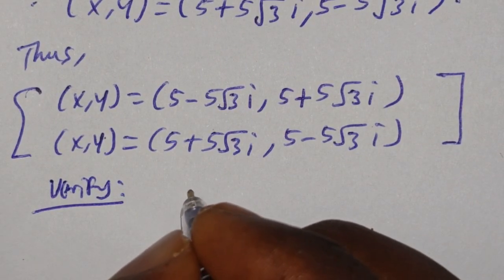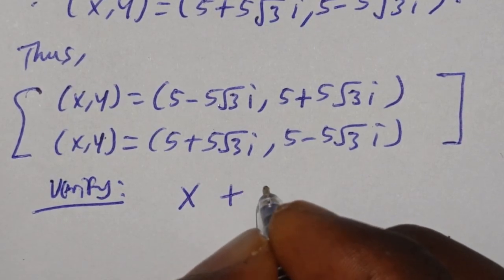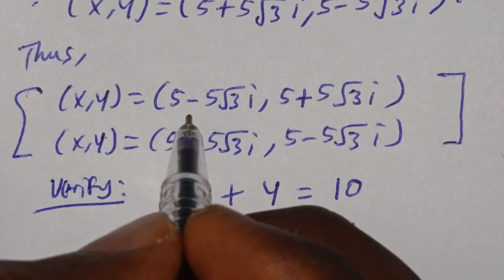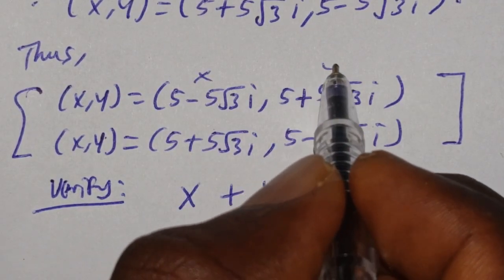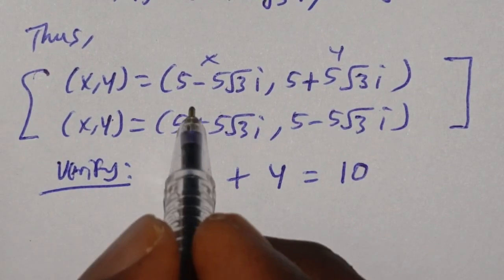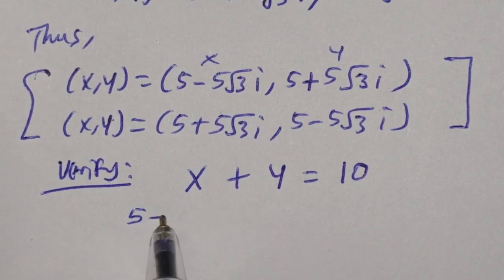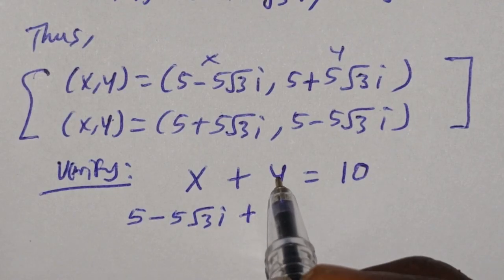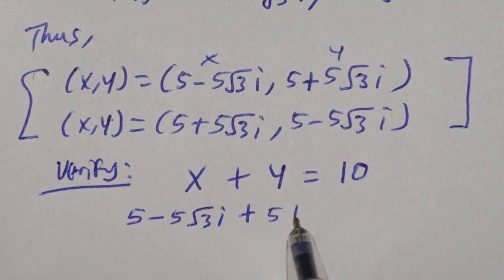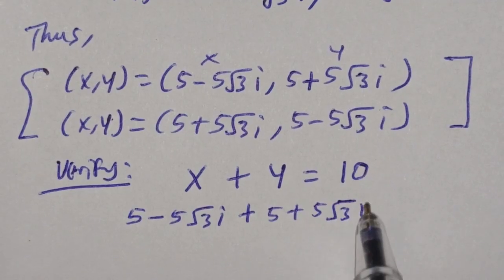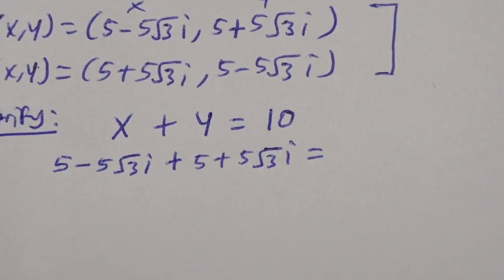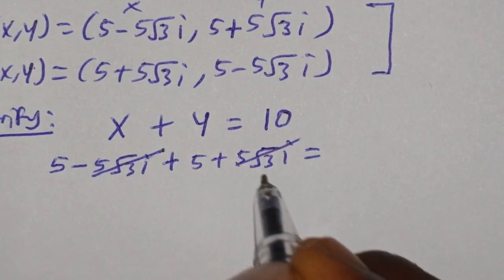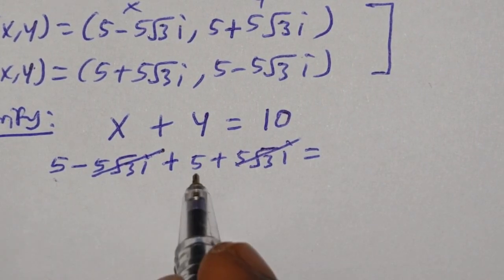Using equation 1, x plus y equal to 10. Let's verify the first answer first. In place of x, we write 5 minus 5 root 3i, plus, in place of y, we write 5 plus 5 root 3i, equal to, clearly, minus 5 root 3i plus 5 root 3i, that is 0. 5 plus 5, we have 10.